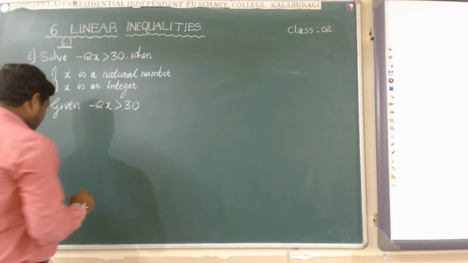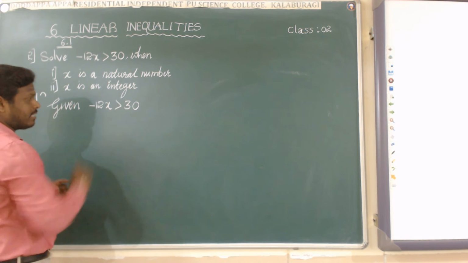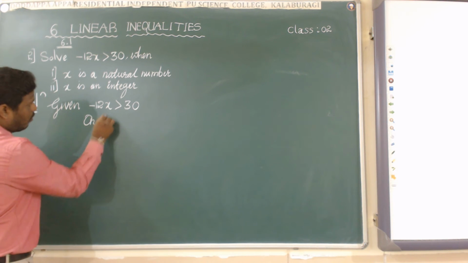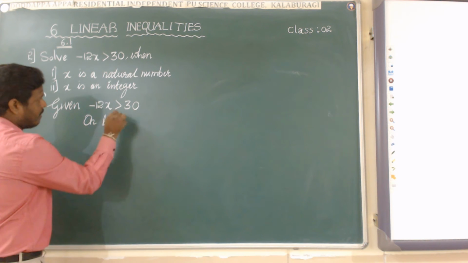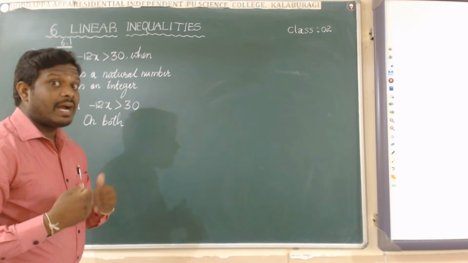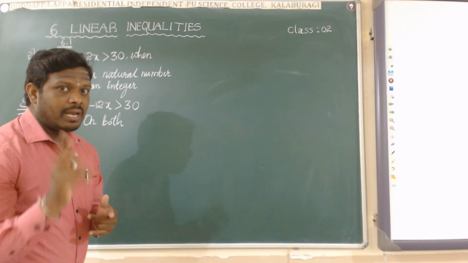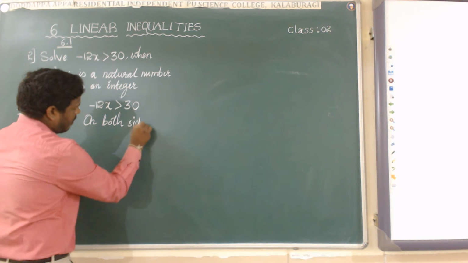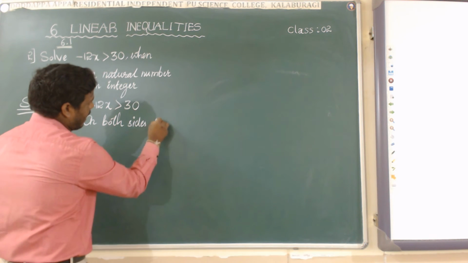Let's see. On both sides of the given inequality, I will divide by negative 12.